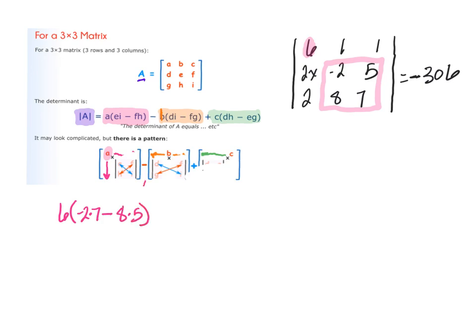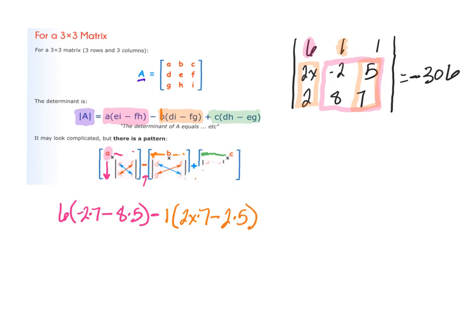As you can see, there's a minus sign here, so I'm going to subtract that. Then I move on to the next one, and remember I'm not using the same column, so I'm going to use the outside one here and this one here. I'm going to do the same thing. So I have 1 times (2x times 7 minus 2 times 5).